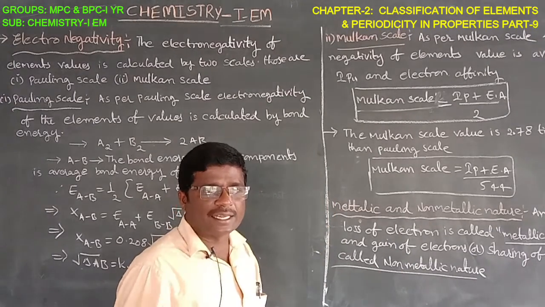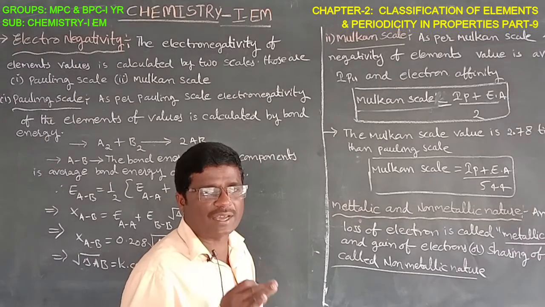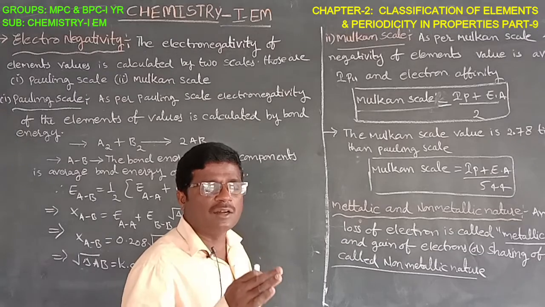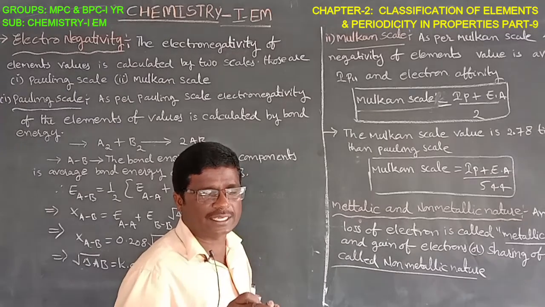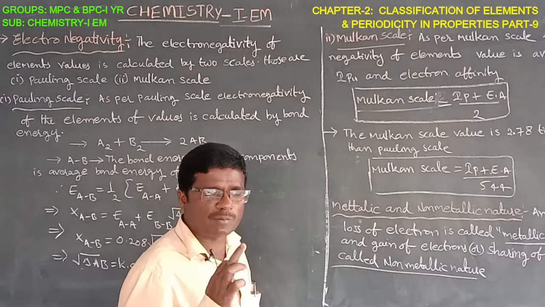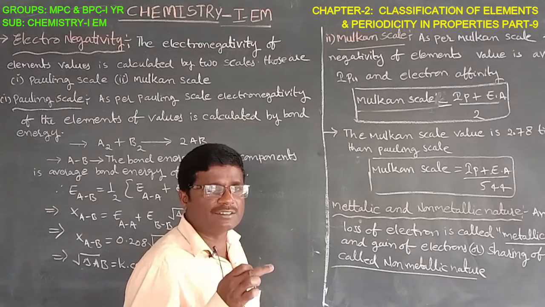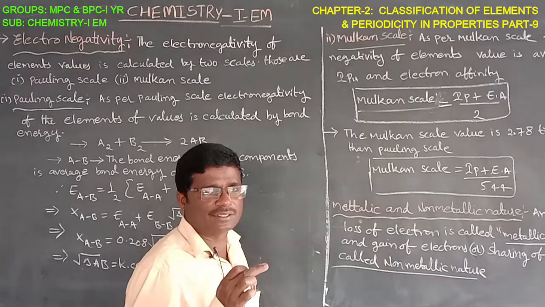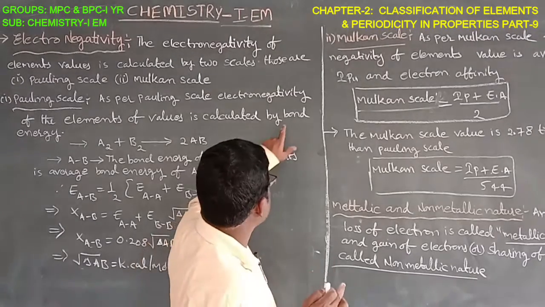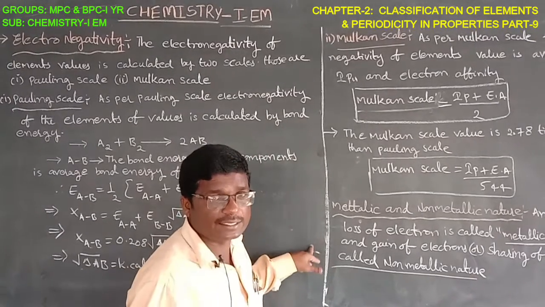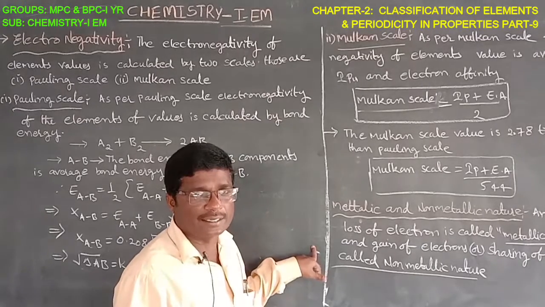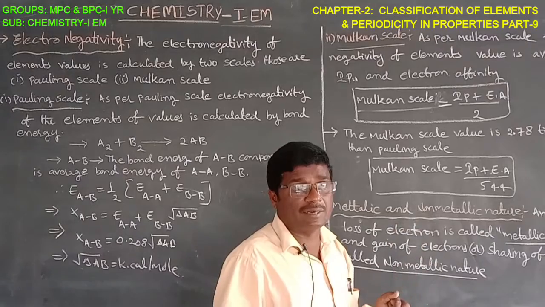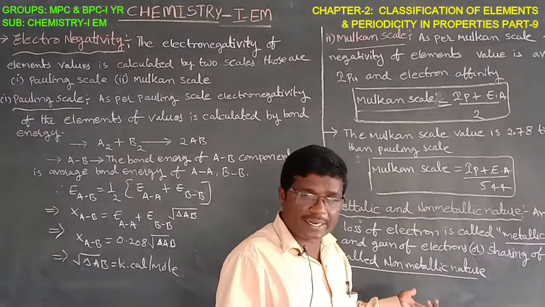Once again, the electronegativity of the elements is calculated by two types of scale. The first one is the Pauling scale, the second one is the Mulliken scale. As per the Pauling scale, the electronegativity of the elements is calculated by the bond energy.